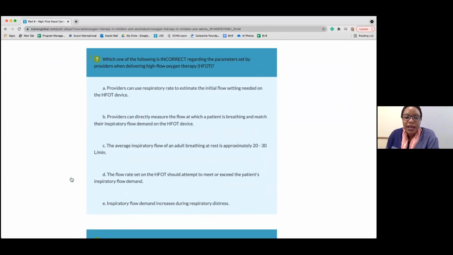Okay, so at this point, I'm going to ask Sarah to have a poll. There is a question which I'll invite all the participants to take part in. So the question is, which of the following is incorrect regarding the parameters that can be set by healthcare workers when delivering high flow oxygen therapy? So which is incorrect? There are 5 options there. So please, as a poll, submit which one is incorrect.